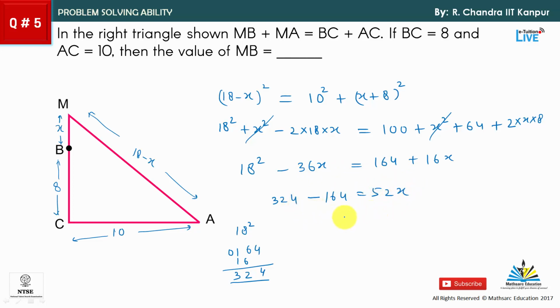So here it is 160 is equal to 52x, hence x is equal to 160 upon 52. You can cancel these two by 4 and we have 40 upon 13. So x is equal to 40 upon 13. So what is x? X is MB. Hence MB length is 40 upon 13.